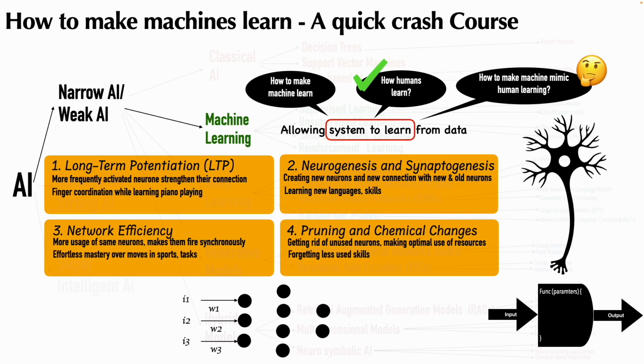Let's assume that you are trying to make a decision on whether it is going to rain today. The output should be either yes, it is going to rain, or no, it is not going to rain. Or more probably, it will not be a simple yes or no answer. It will be a probabilistic answer. 70% chance of raining, 30% chance of raining.